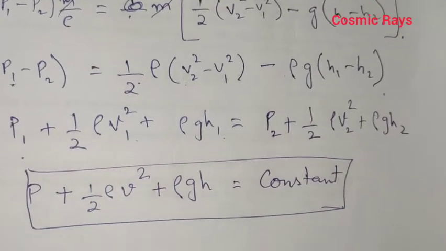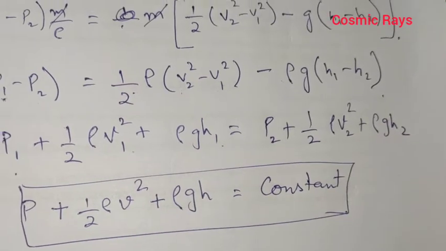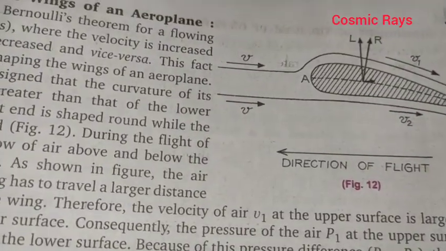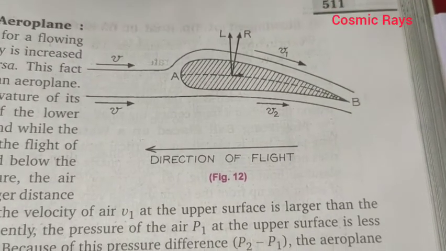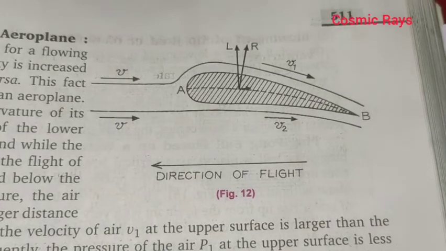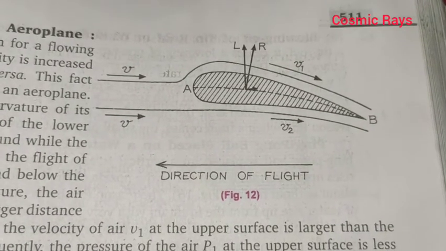Now Bernoulli's principle or Bernoulli's theorem finds wide application in our day-to-day life. For example, if we check the design of the wings of an aeroplane, it has been made keeping Bernoulli's principle in mind.